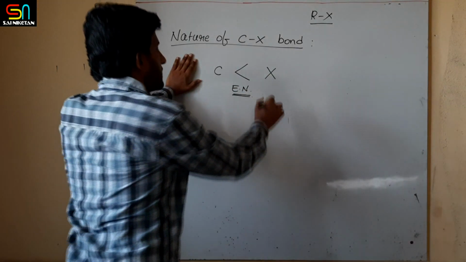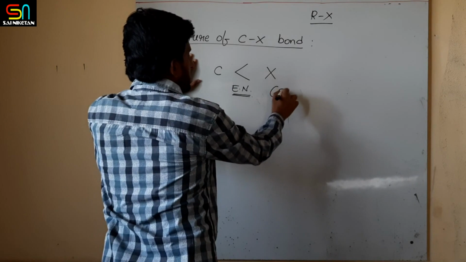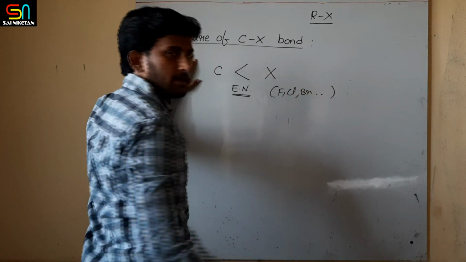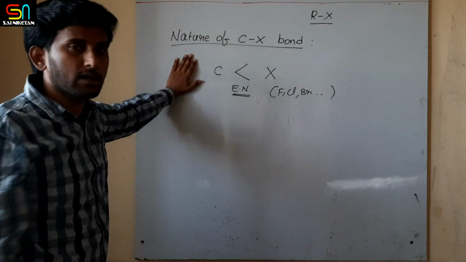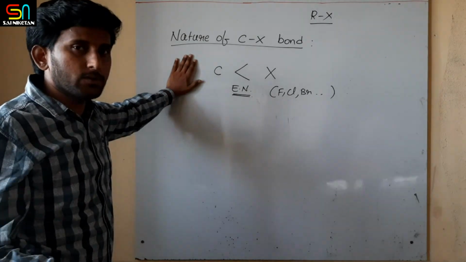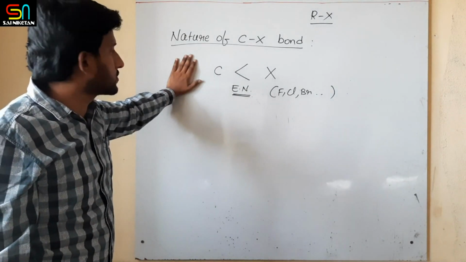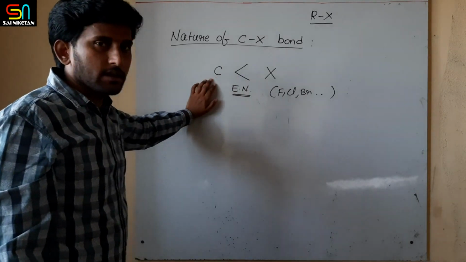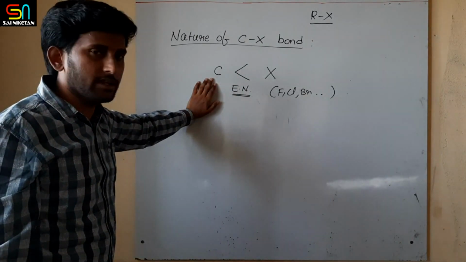Right or not? You take any halogen in the periodic table, fluorine, chlorine, bromine, iodine, anything, you know that halogens have higher electronegativities in their respective periods. So halogen electronegativity is higher than carbon. What does this mean?